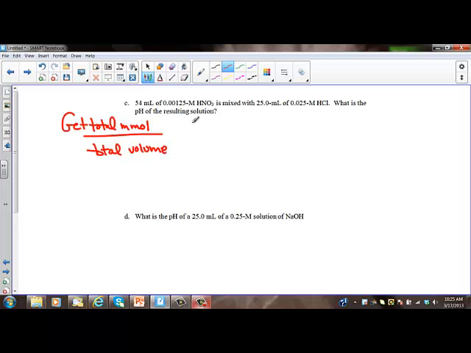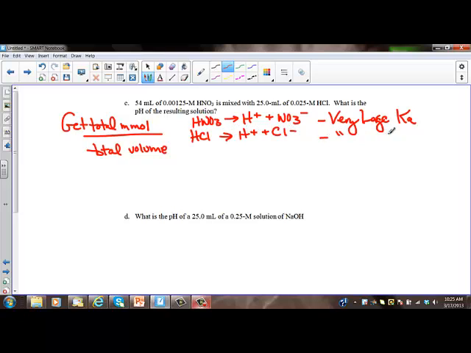So what we know here, let's look at dissociation. We have HNO3 dissociating into H plus NO3 minus, and this is going to be a very large Ka. You've got HCl dissociating into H plus Cl minus, which is also going to be a very, very large Ka.